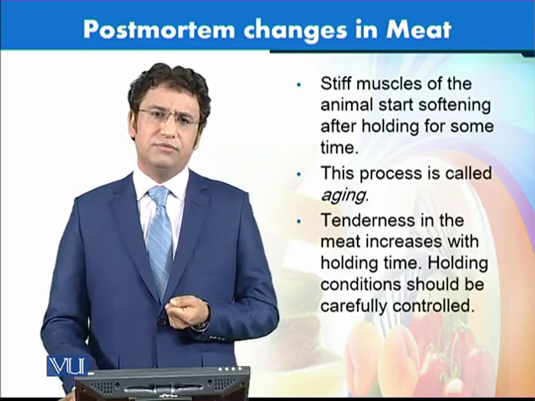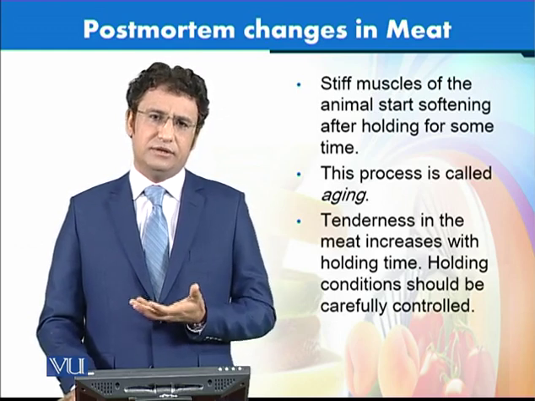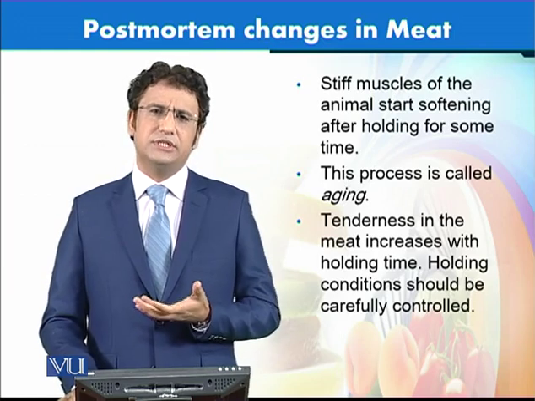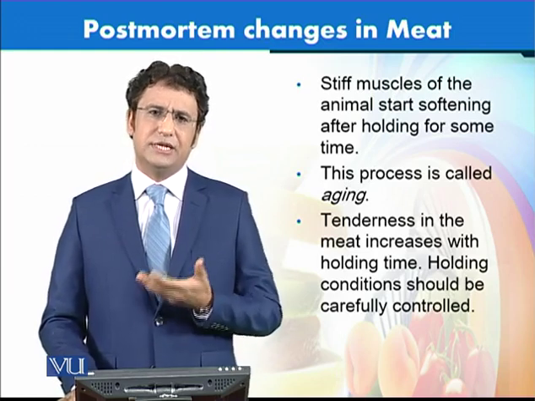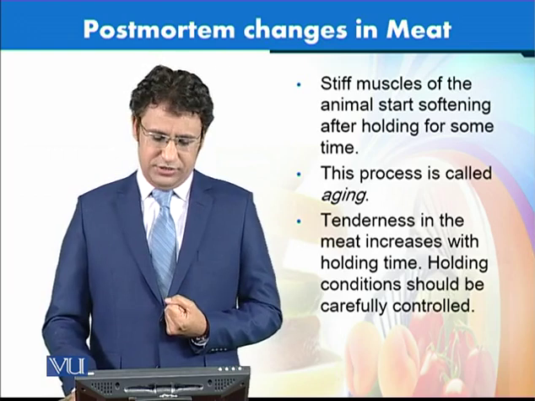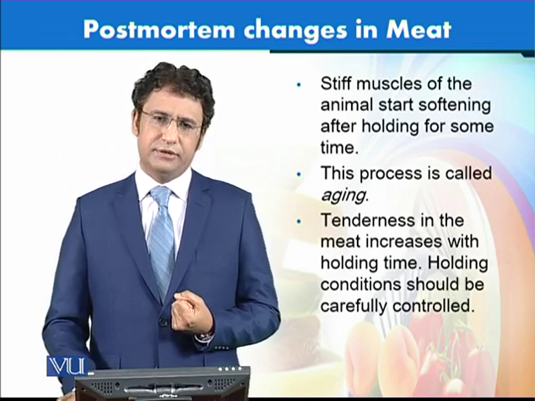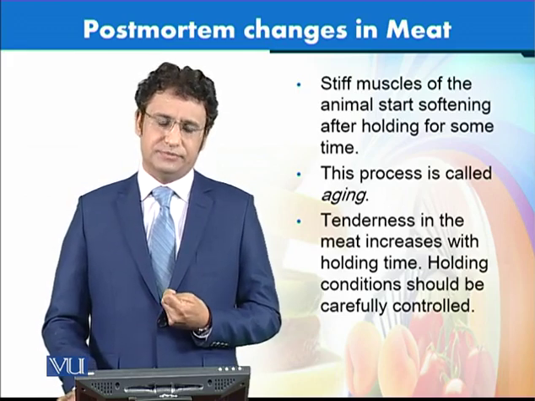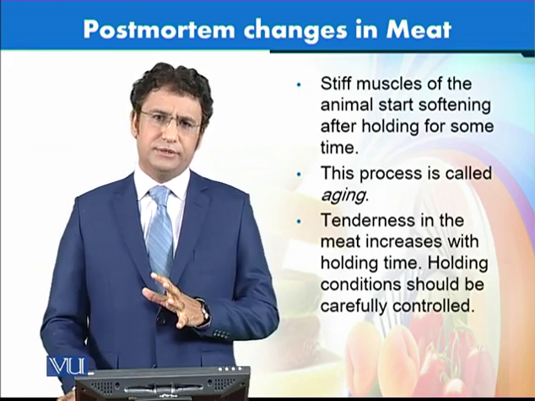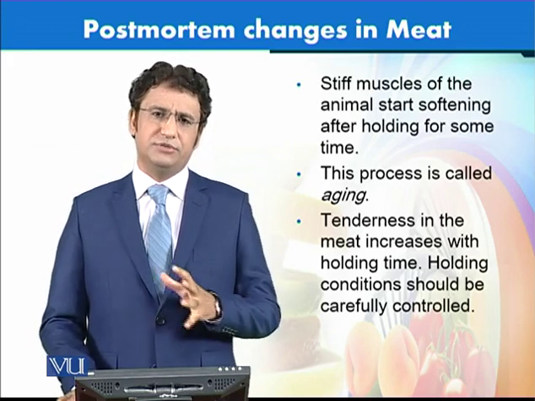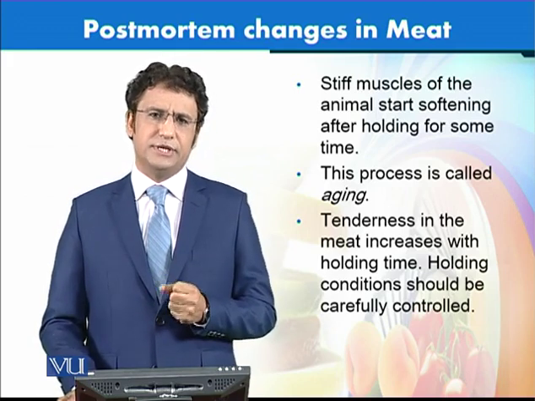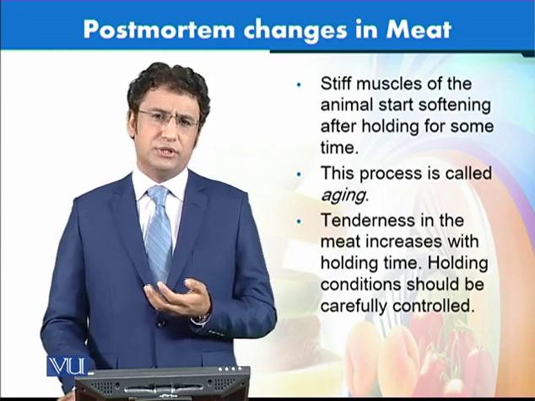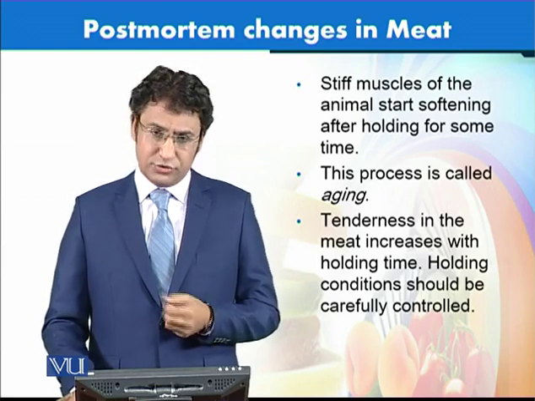We want particular conditions maintained to store meat so that it brings out the desirable changes. It brings tenderness to the meat, and that tenderness depends upon the holding time and holding conditions. That's why understanding these post-mortem changes that take place in the muscles after slaughtering is important, because we can control the quality of meat by controlling these conditions.